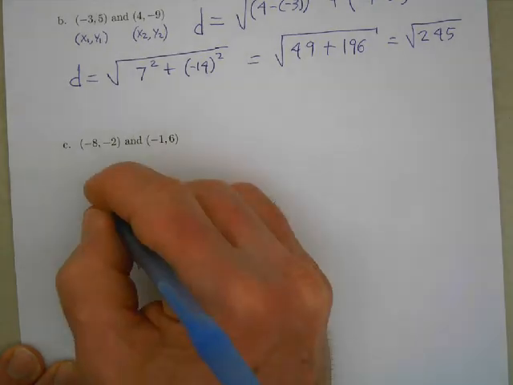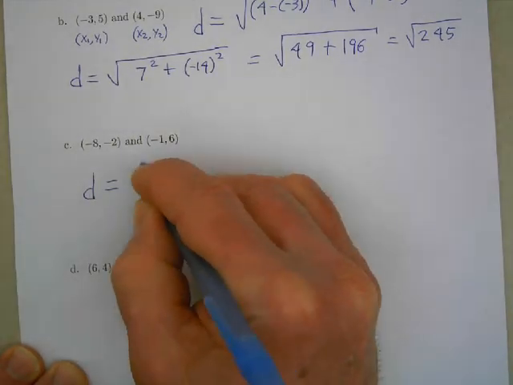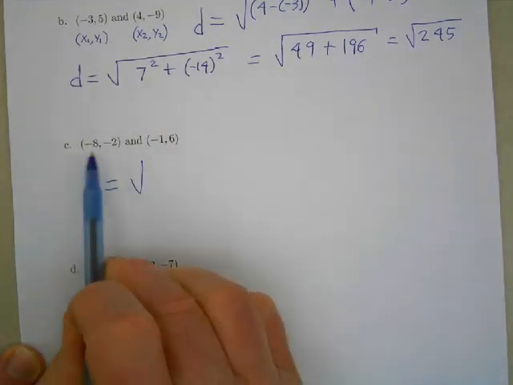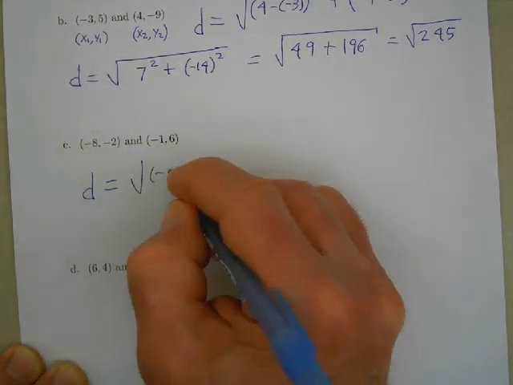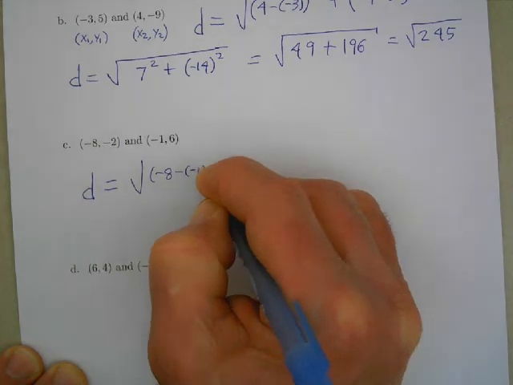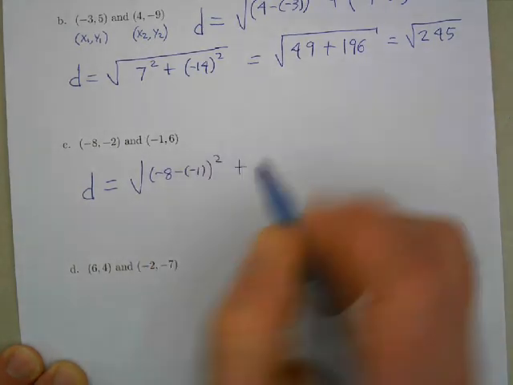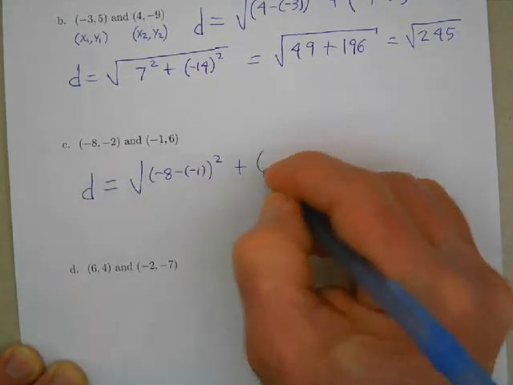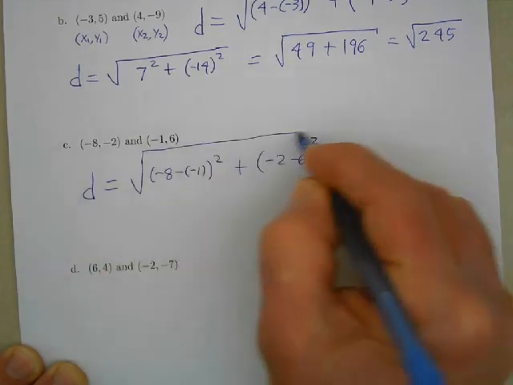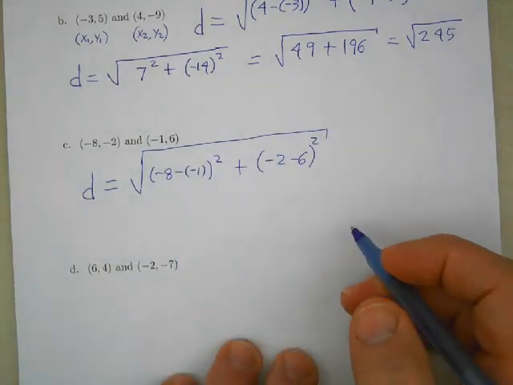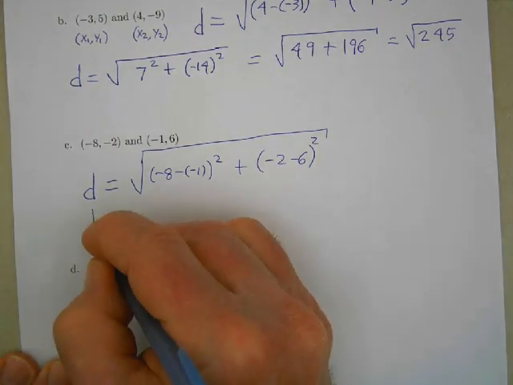Okay, so the distance is equal to the square root. So this time I'll write negative 8 minus negative 1, quantity squared, plus negative 2 minus 6, quantity squared, the square root of that. And then we'll do the arithmetic.